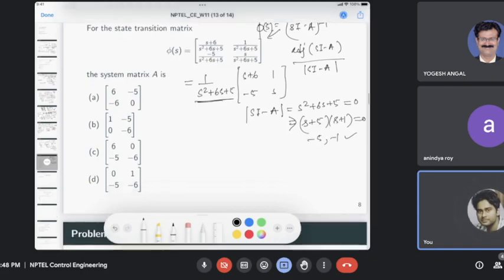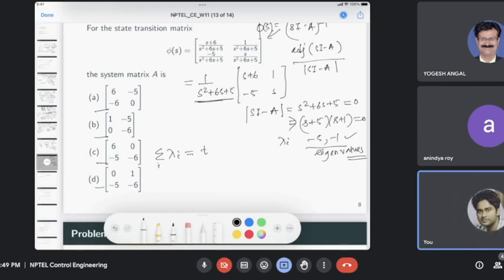Then, okay, one approach will be that for each of these matrices we compute the state transition matrix and compare. Another easy approach: we know that these are poles and also eigenvalues. The sum of the eigenvalues of a matrix is equal to the sum of its diagonal elements, which is called the trace.